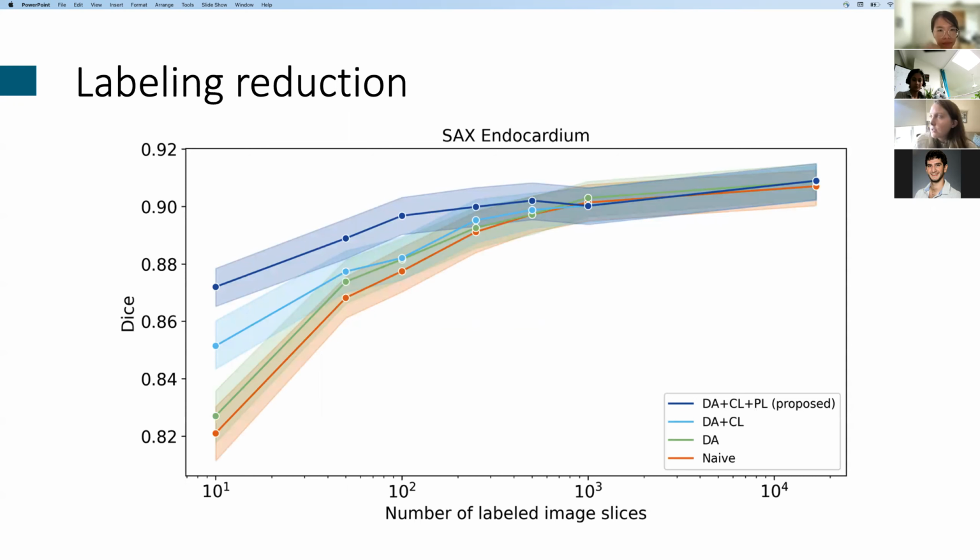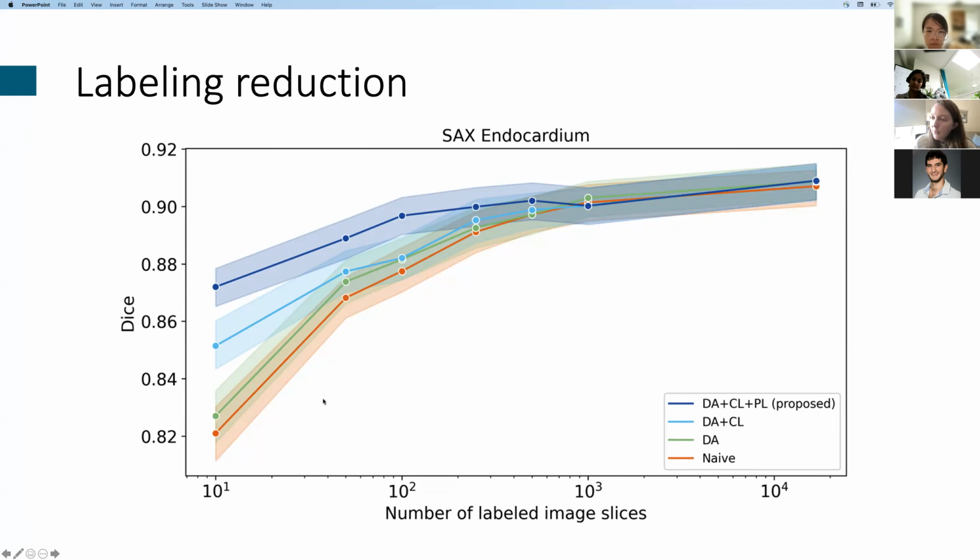So this is our first main result figure, evaluating labeling reduction. On the x-axis, I'm sweeping the number of labeled image slices that we have access to for this task. At minimum, we give it 10 labeled image slices, and at maximum, a little over 16,000.